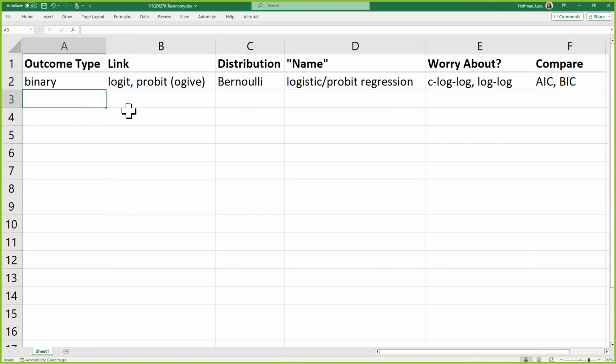Okay. What do we do next? Ordinal. What kind of link function do I need for ordinal?